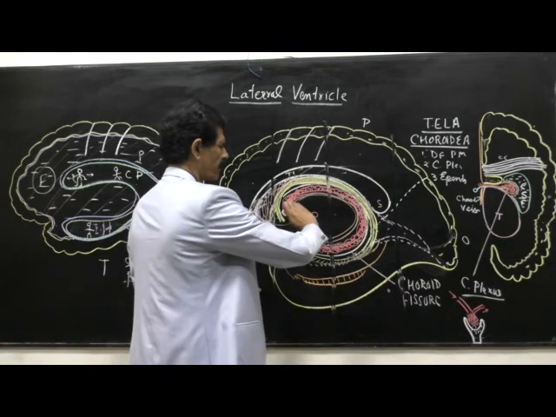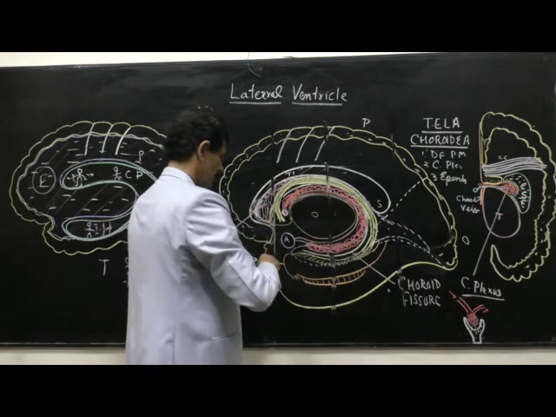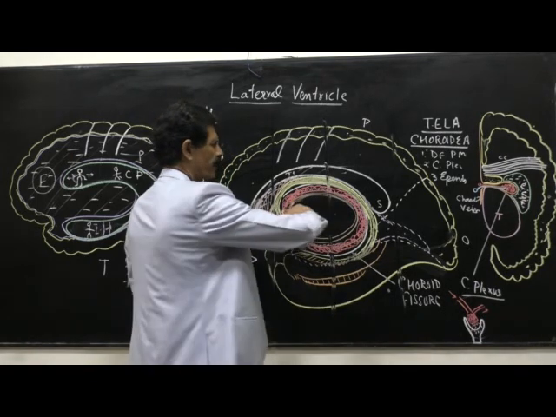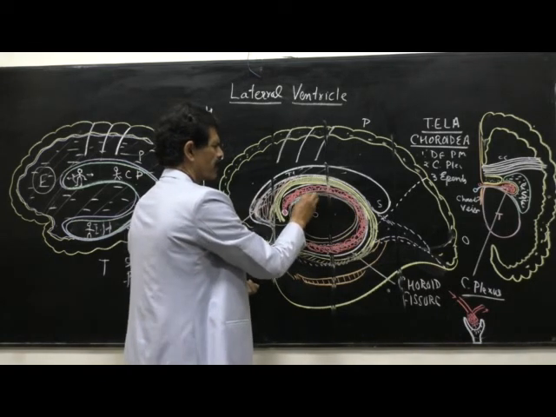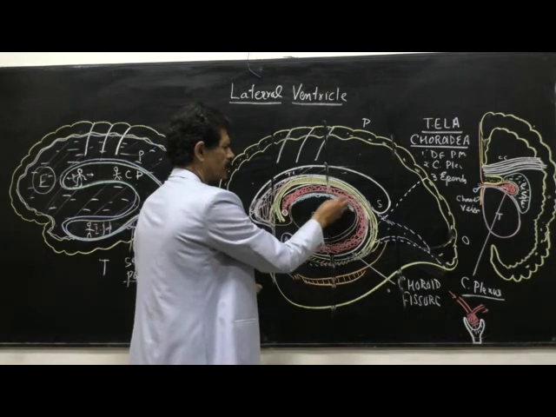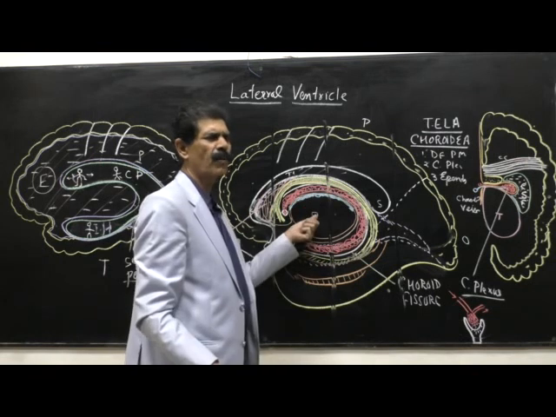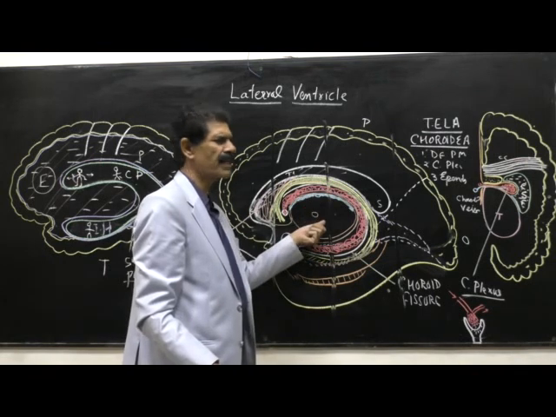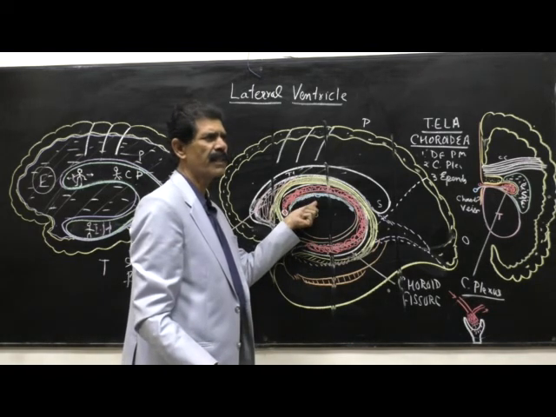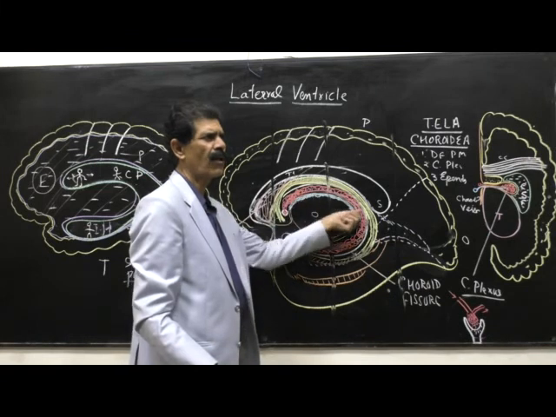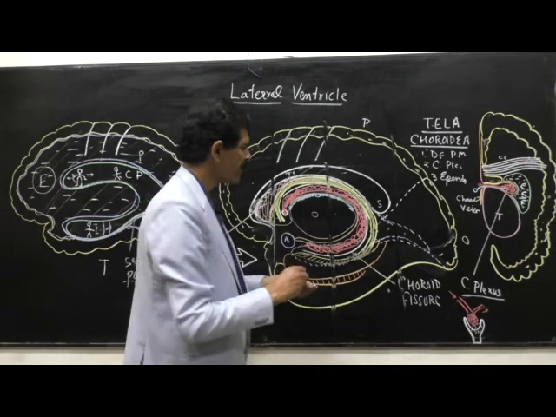They all gather here, between the caudate nucleus and the dorsal surface of the thalamus. They form a vein, and it also brings the venous blood out of the caudate nucleus and out of the thalamus, and out of the choroid plexus. So this whole venous drainage system which runs along the C-shaped choroid plexus is called the thalamostriate vein.